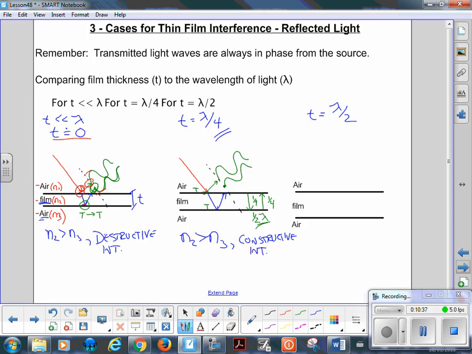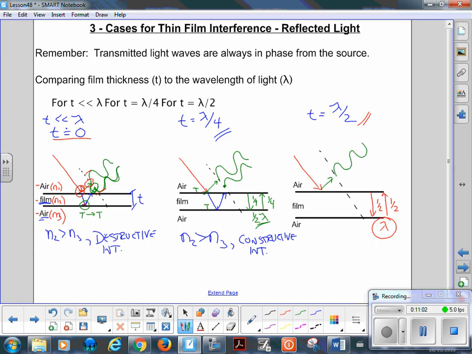All right. And finally, last one here. Now this time we're looking at lambda over 2, so it goes a half wavelength, back a half wavelength. So that means that's a full wavelength. So the situation here then becomes exactly like our first one, or essentially our zero thickness.